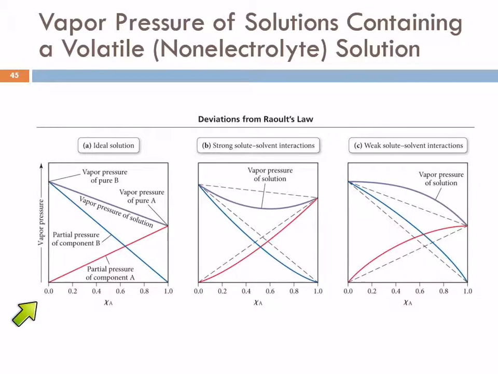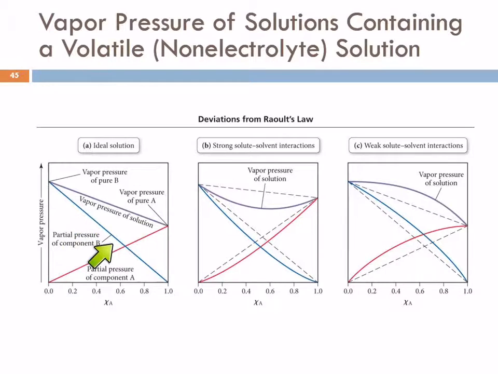In this graph, we have vapor pressure increasing on the y-axis, and the mole fraction of component A increasing as we go across to the right. If we look at the partial pressure of component A, where its mole fraction is 0, its vapor pressure is 0. And it increases linearly until we get to its pure vapor pressure at a mole fraction of 1.